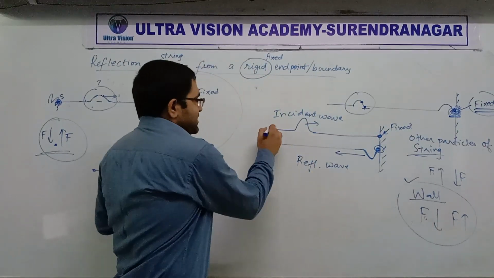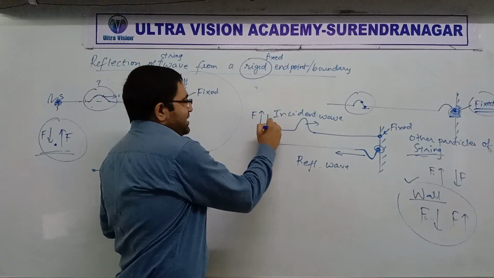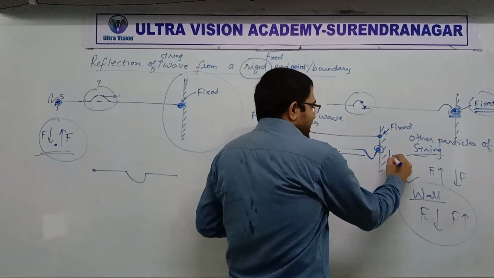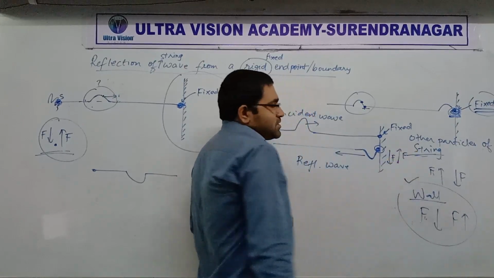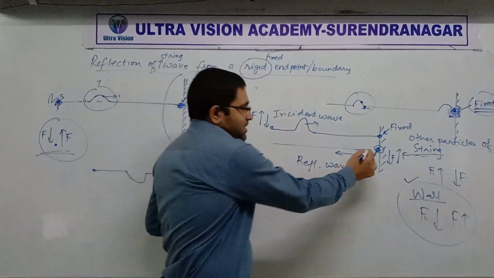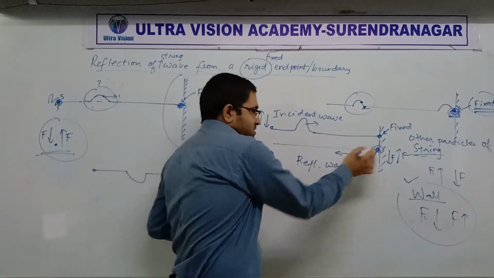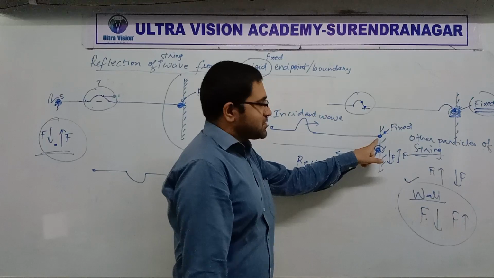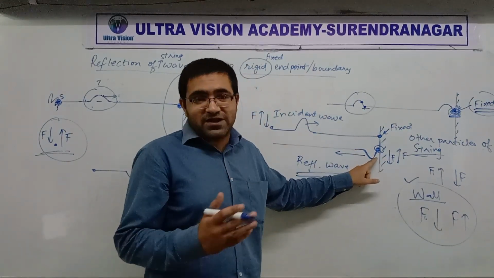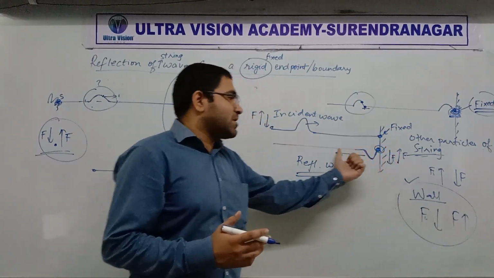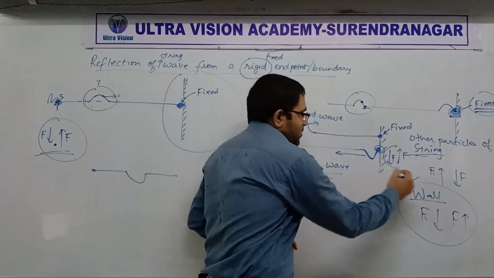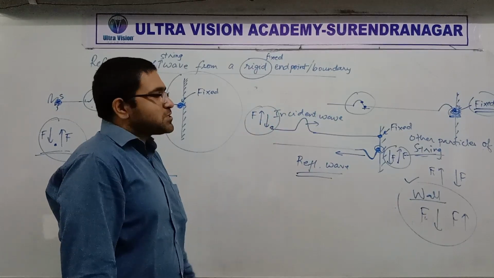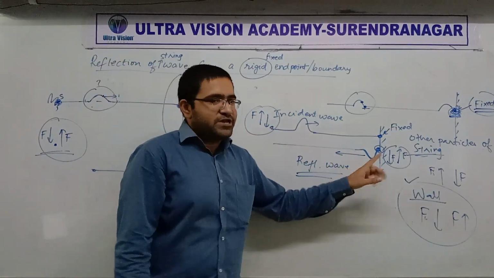This one was created by pushing it up and then down, but here the wall is pushing it down first and then up. Because of that, this becomes a new source, the source of the reflected wave. The last point on the string becomes the source of the reflected wave. Now the reflected wave travels to the left side, but because the forces have been reversed, the wave pulse shape is also inverted. Did you understand?